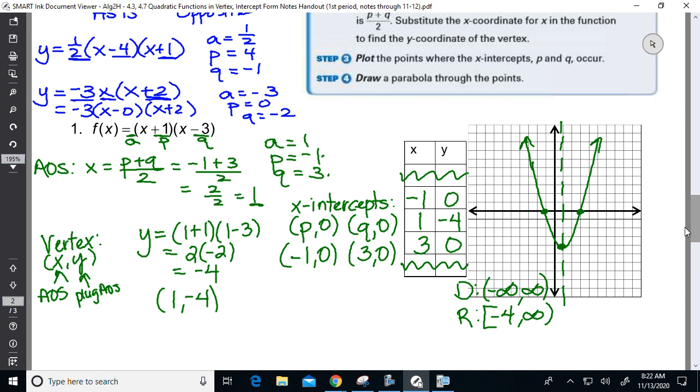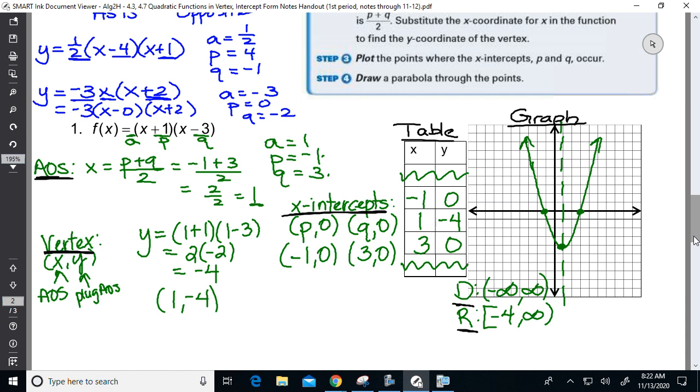So the main things that you would need to get for intercept form are axis of symmetry, vertex, your x-intercepts, your table, your graph, and of course your domain and range. It's not as much work as standard form. It's not the relatively light work that vertex form was, somewhere in the middle.